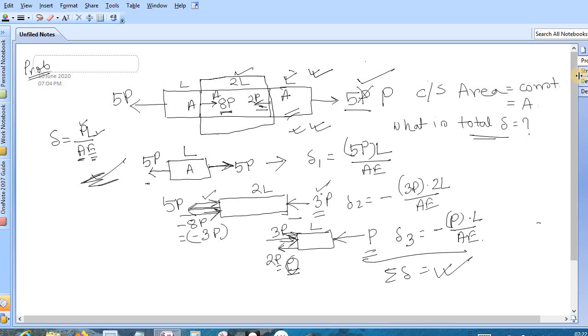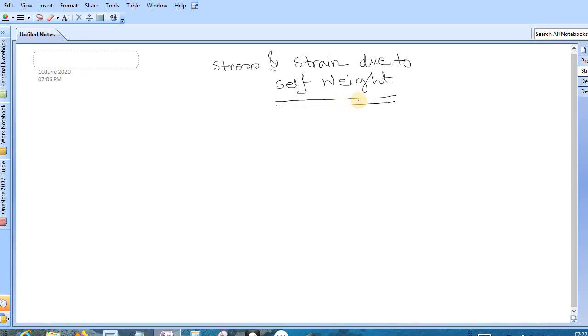So let's start the new lesson, in which we learn how to calculate the stress and strain due to self weight. In the previous lesson you learned, if this is a bar, we apply an external load, let's say P, and we calculate the internal stress or strain and the deflection due to this external force.